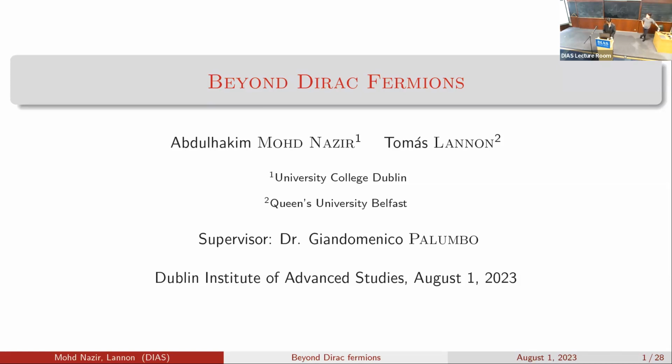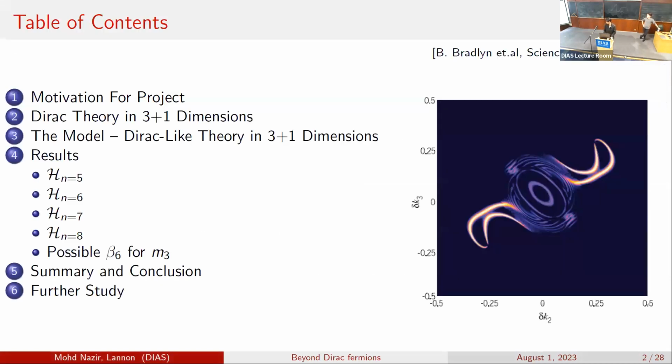So before we get started, I'd just like an outline of the table of contents as presented. The first, we'll just go through some motivation for the project itself, and especially with the current paper that pretty much kickstarted the entire investigation for this project. And then we'll go into a brief overview of the Dirac theory in 3+1 dimensions, which is the relevant parts, at least, to our investigation.